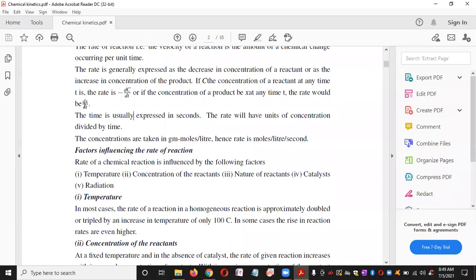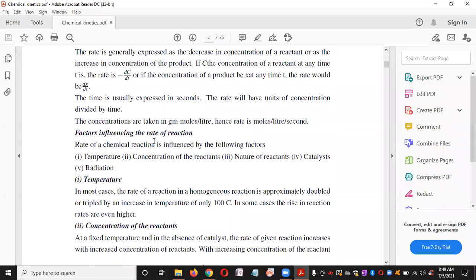So the rate of reaction is dx by dt, where d stands for small change, x is the concentration of product, and dt is a small change in time.